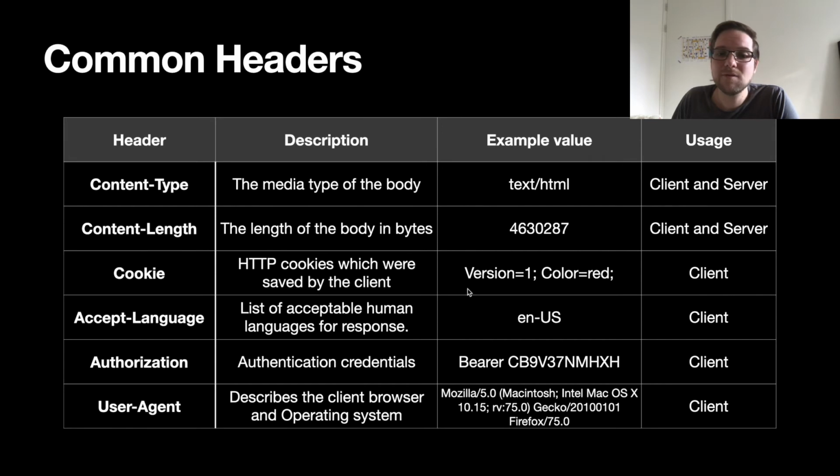And also cookies. You've probably heard about cookies. Cookies are passed in HTTP requests and responses, and the client and the server exchange data with cookies using HTTP. Next one is accept language. It's really useful for the browser to send the supported language of the browser.